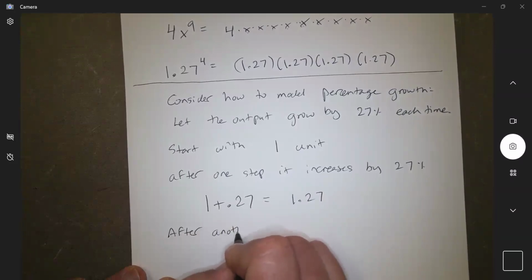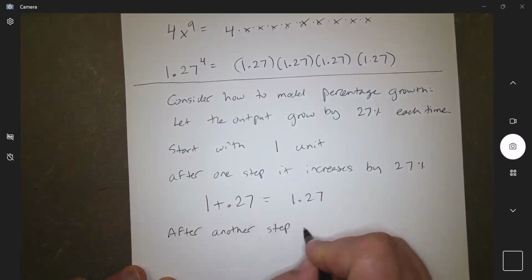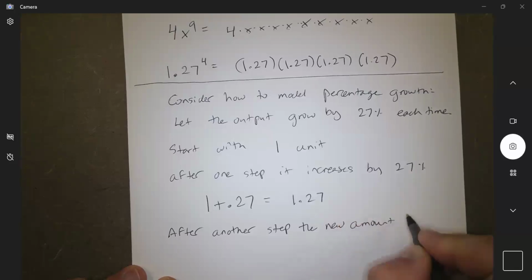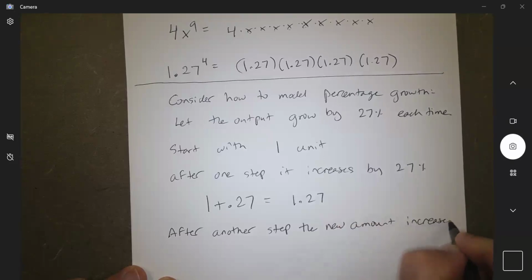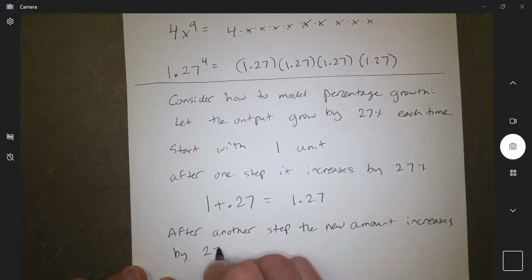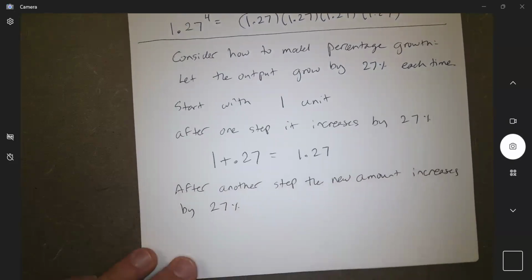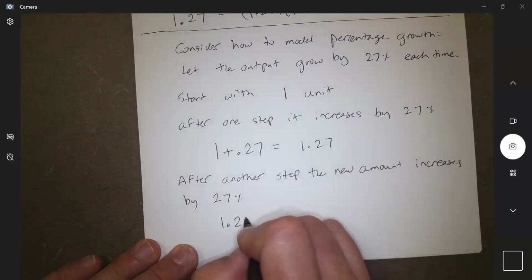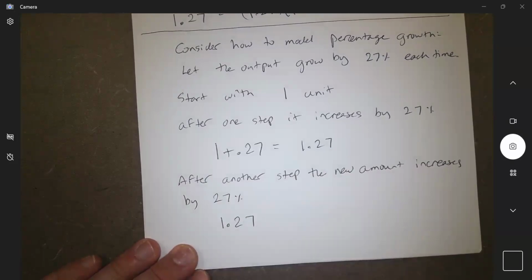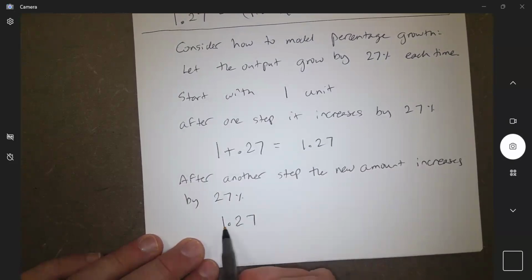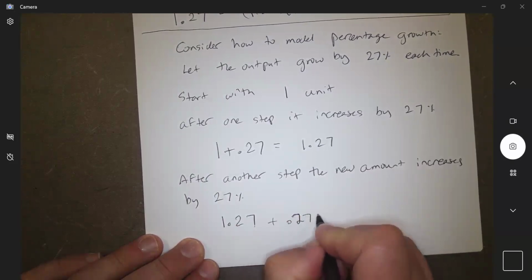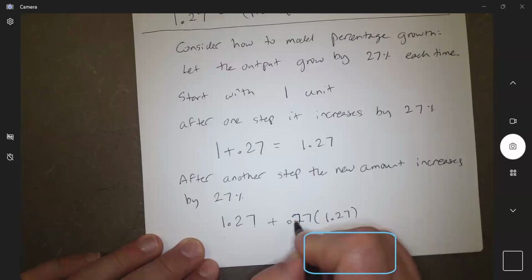After another step, the new amount increases by 27%. Well, my new amount is 1.27, right? Plus 27% of that. 27% of 1.27.